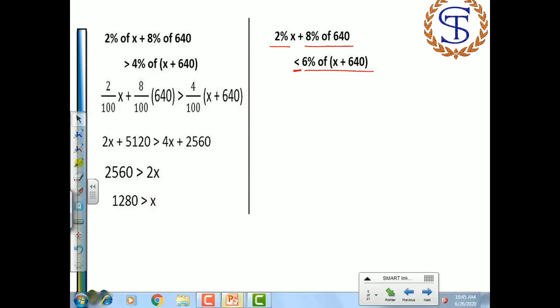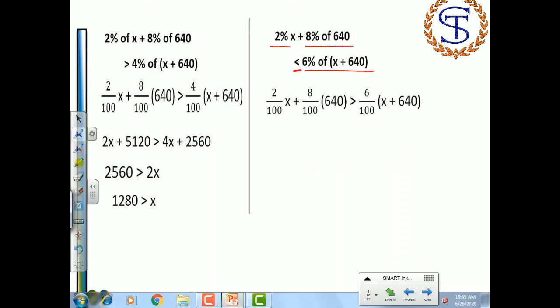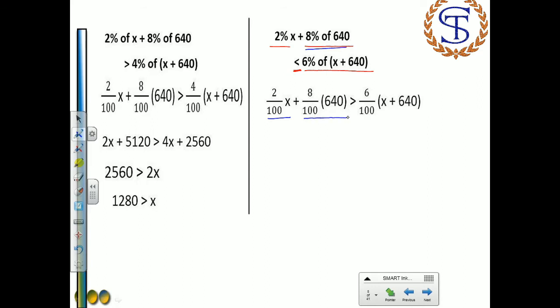Then on simplification, 2% of x plus 8% of 640 is greater than, actually it is wrongly written, the correct symbol is less than 6% of x plus 640.